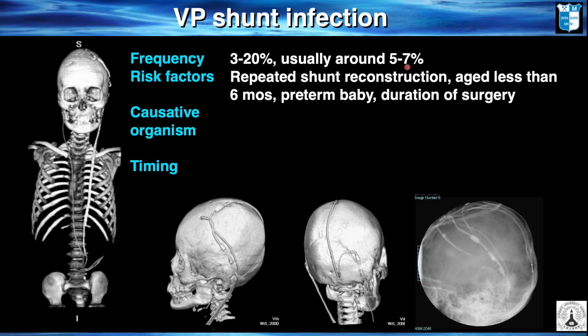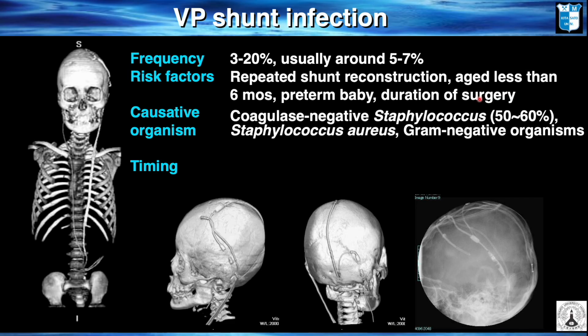The risk factors: repeated shunt reconstruction like this. Many shunt systems are inserted at the time of shunt insufficiency. And age less than 6 months, preterm baby, duration of surgery: the longer, the worse. Causative organisms are coagulase-negative staphylococcus, usually 56%, Staphylococcus aureus, and gram-negative organisms.